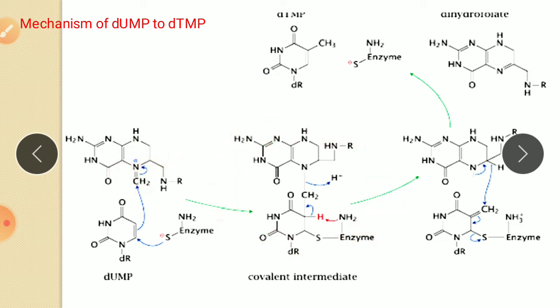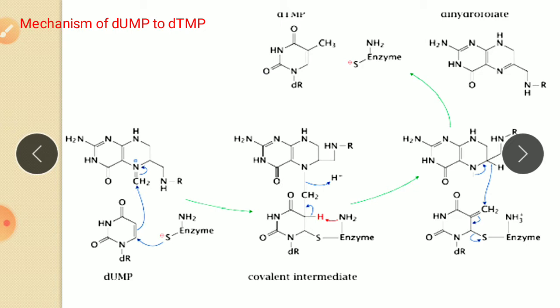So here the enzyme is attached. Then this pi bond of the ring attacks this CH2, so there is a bond. So in the first step, S minus attacks this carbon, this pi bond attacks this CH2, and this pi bond breaks and the charge is neutralized.